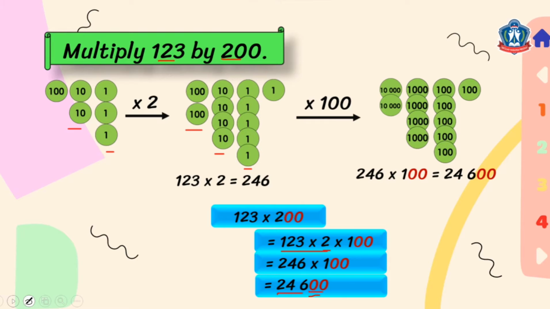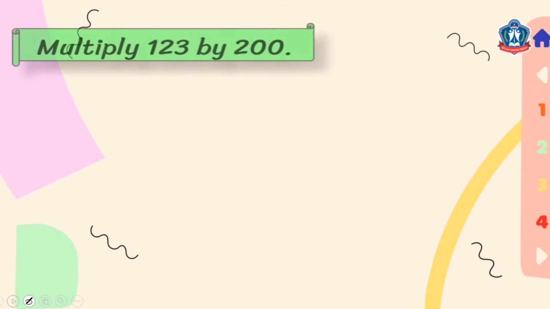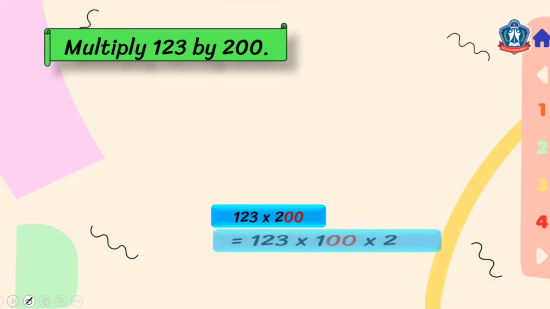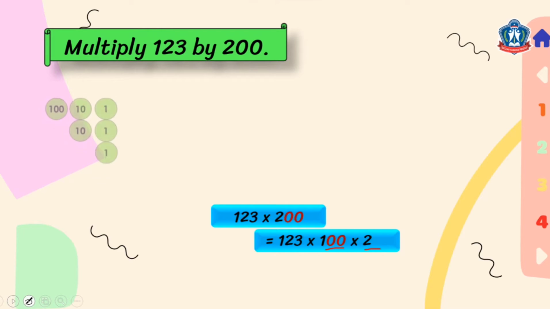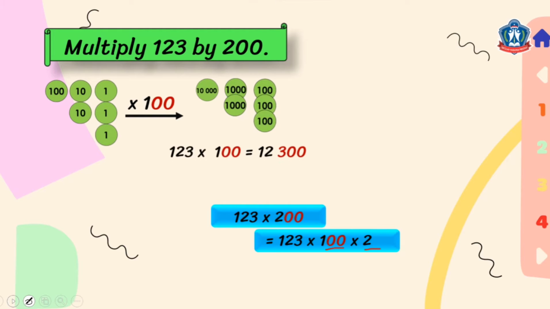You can also multiply 123 starting from 100 like this. It's the same. Multiply first by 100, then 2. So we have 123 times 100. It will give us 12,300.